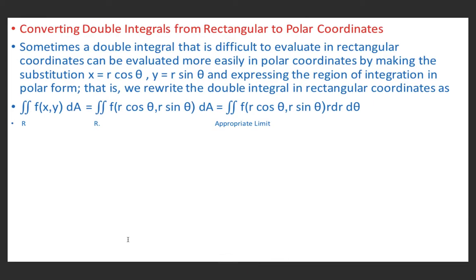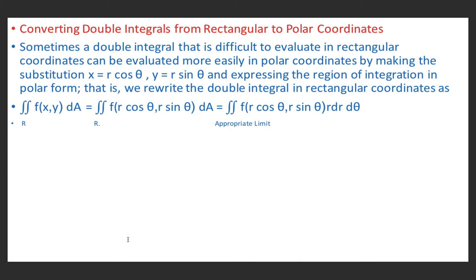Now, how to convert the double integral from rectangular coordinates to polar coordinates? Sometimes a double integral that is difficult to evaluate in rectangular coordinates can be evaluated more easily in polar coordinates, making the substitution x equal to r cos theta and y equal to r sin theta and expressing the region of integration in polar form.